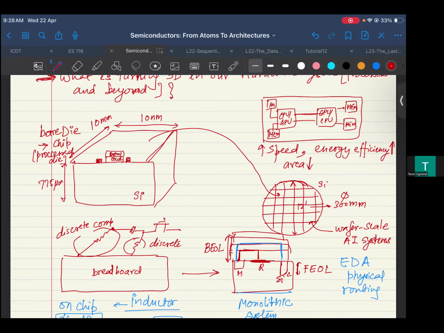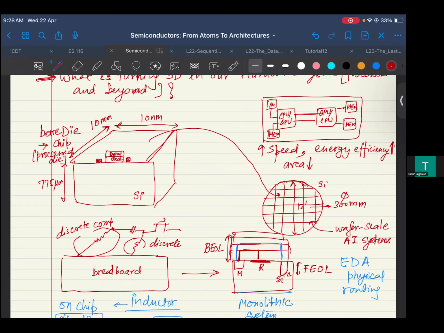This is the size of, let's say, a bare die. This can change based on the requirement. In an Apple processor, some dies can go to 20 by 20 also. But typically that is the size. It may not always be square, it can also be rectangular, depending on your processing or your system design.